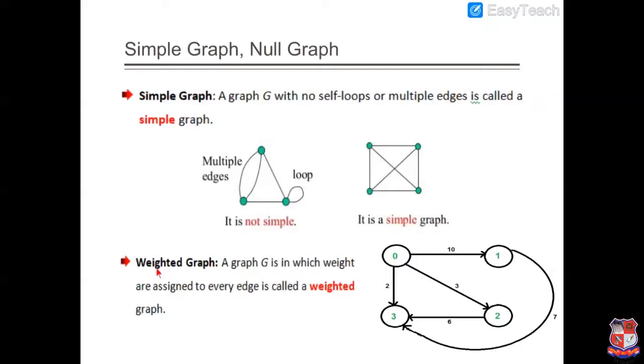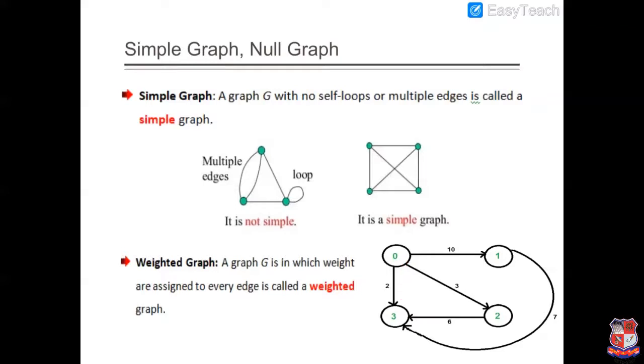Now, what is a weighted graph? A graph G in which weights are assigned to every edge is called a weighted graph. Here, in the given graph, between every pair of vertices, weights are given to the edges.